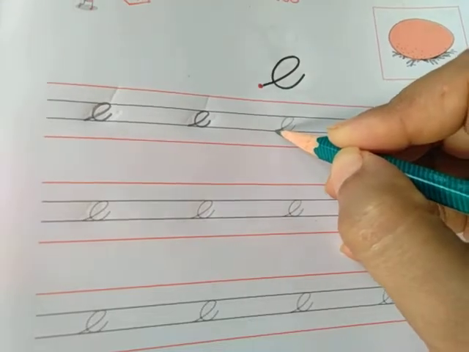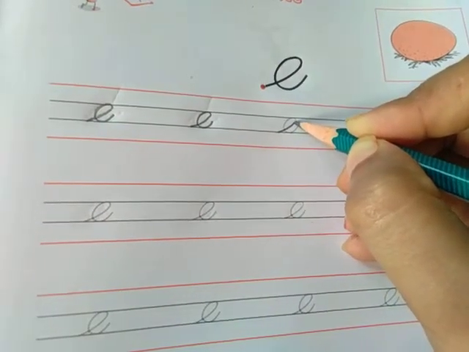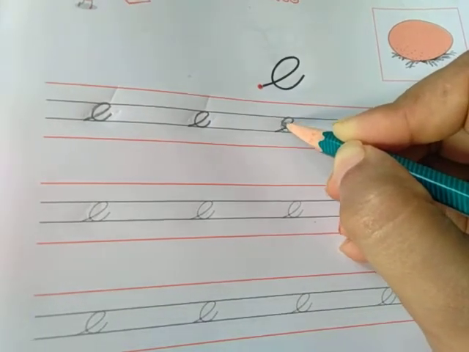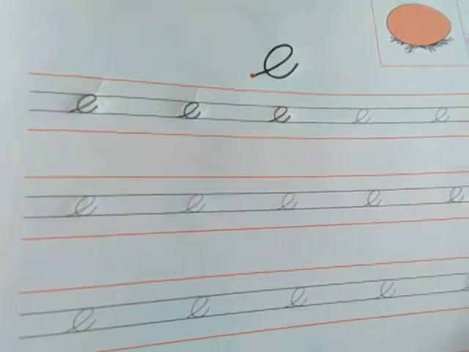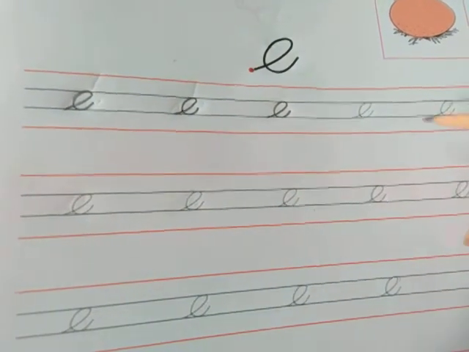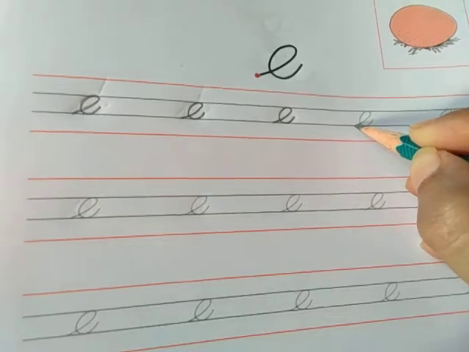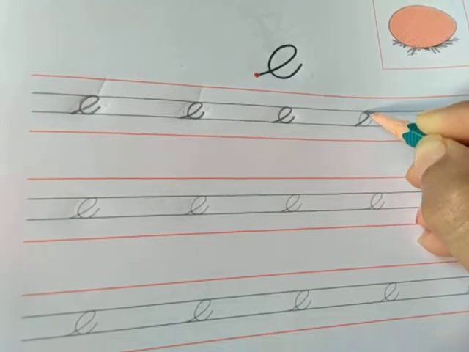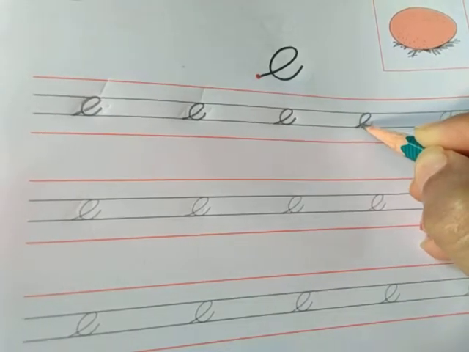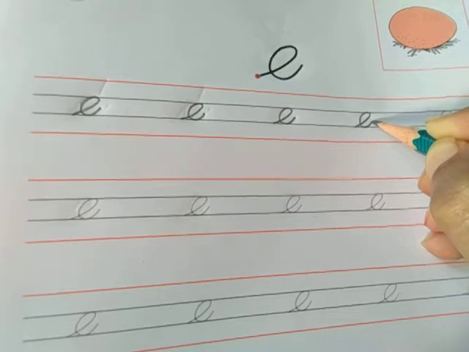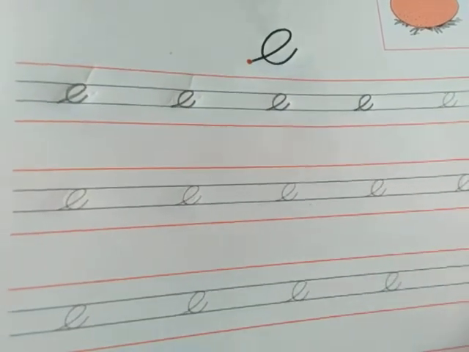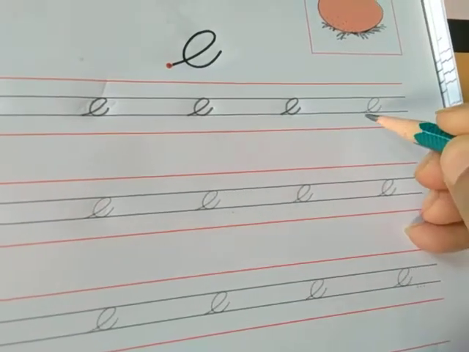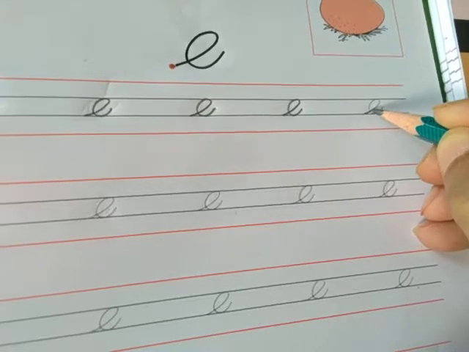See here, just go up, stop here, make a curve of C as you write in print, letter C. That means this is letter E. You have to go a little up, stop here, make a curve and then come writing letter C. This is cursive letter E. Likewise, you have to trace all the letters.